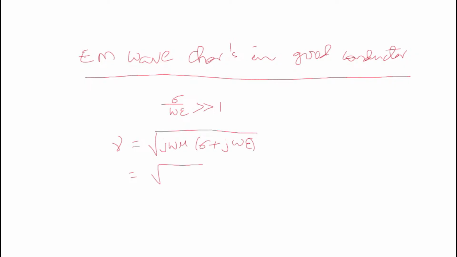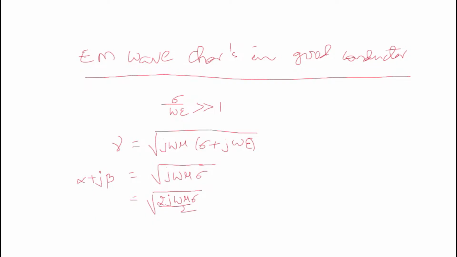We have j omega mu sigma. We know gamma is the sum of the attenuation constant and phase shift constant, that is alpha plus j beta. That means it has a real term and an imaginary term. So for that, I am multiplying and dividing by 2, that is 2j omega mu sigma by 2.